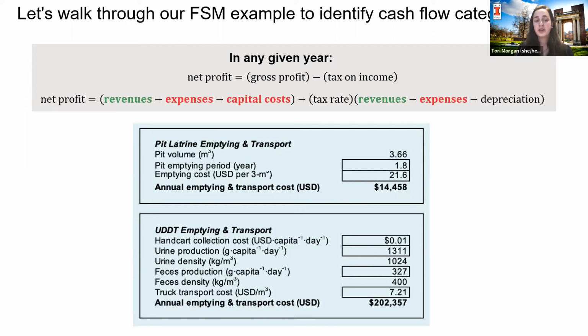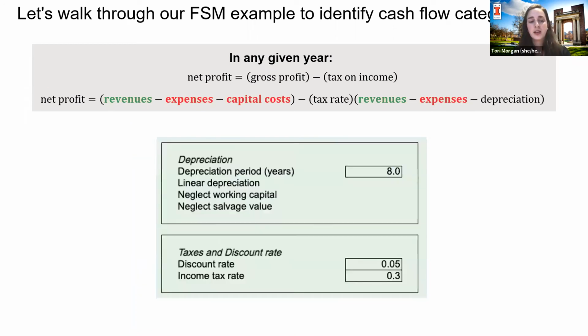That's because with the urine diverting dry toilet, you want to make sure that you keep the urine and feces separated so that you can efficiently recover nutrients afterwards. It makes it a lot easier if you separate the streams rather than having them together. So that's why we have hand cart collection and truck transport, rather than just an emptying cost as shown in the pit latrine example. And then, as I mentioned, you need to take in depreciation.